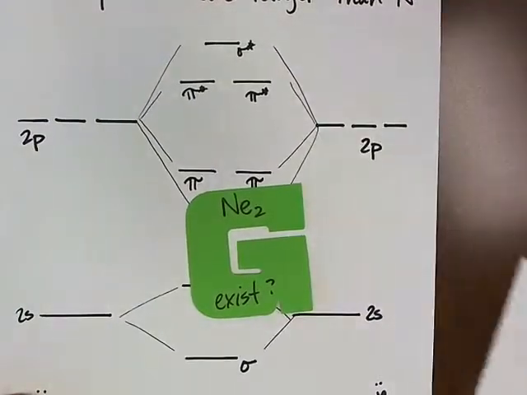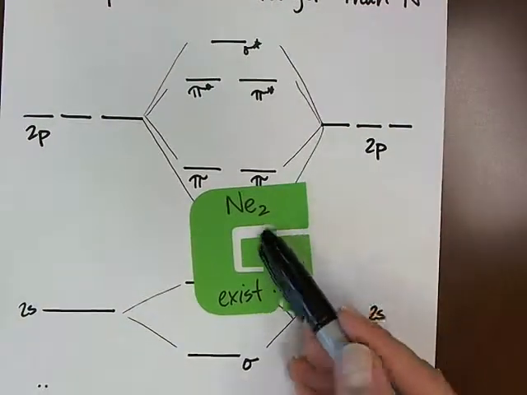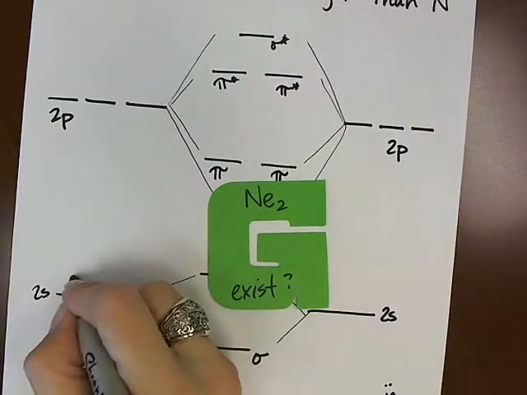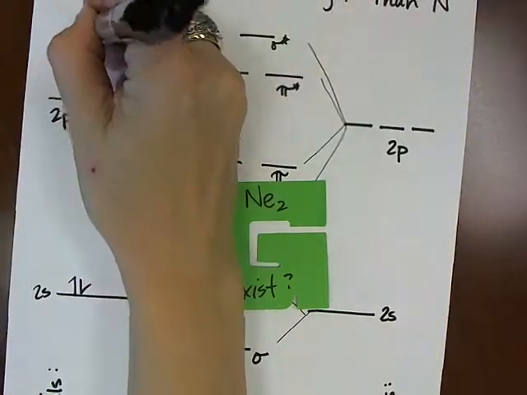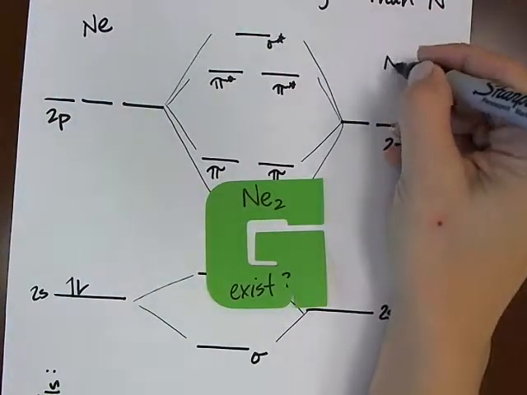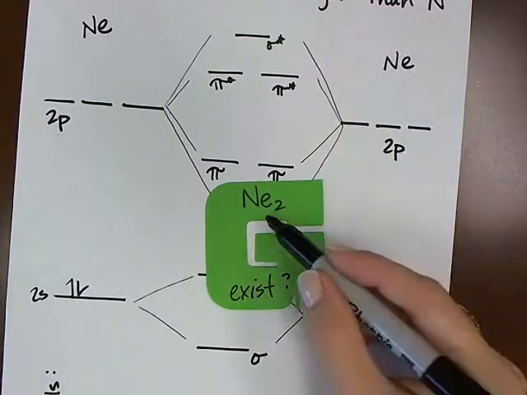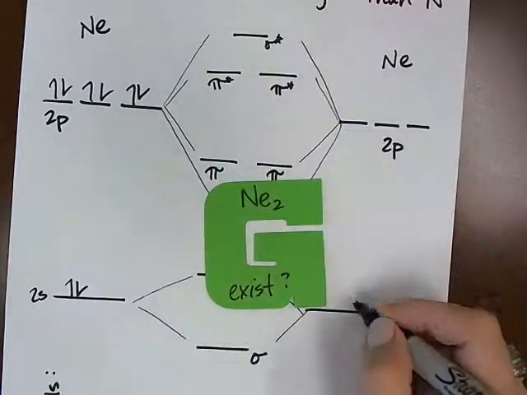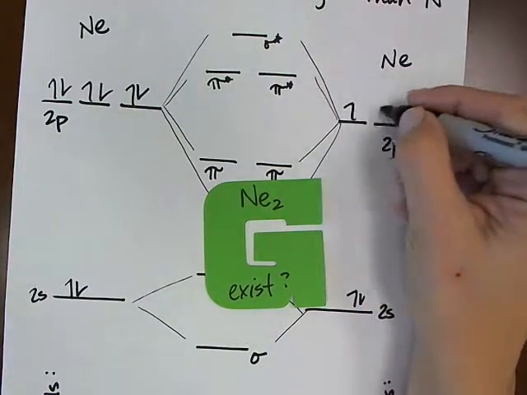One last one. Would neon exist in the diatomic phase? This is another thing that, just whether something would exist or not. Neon is 2s2, 2p6. So all these are filled. Likewise, another neon.